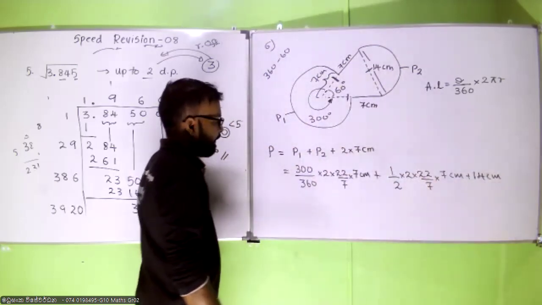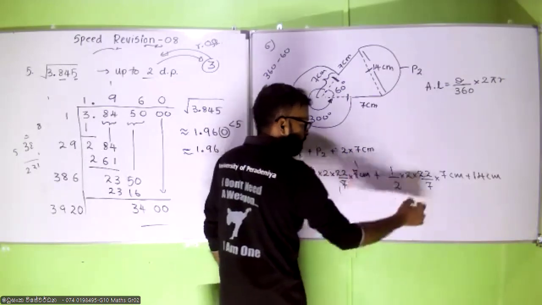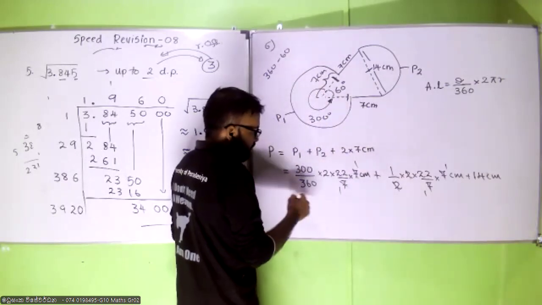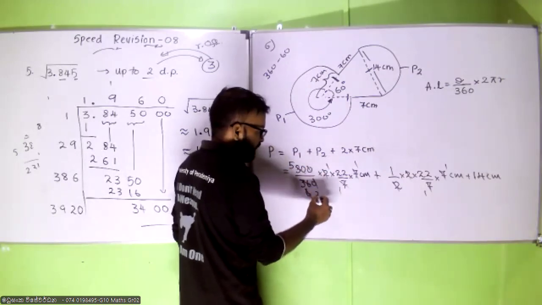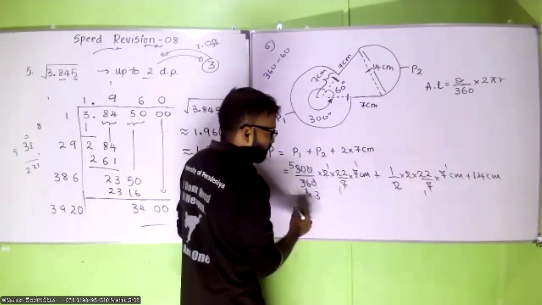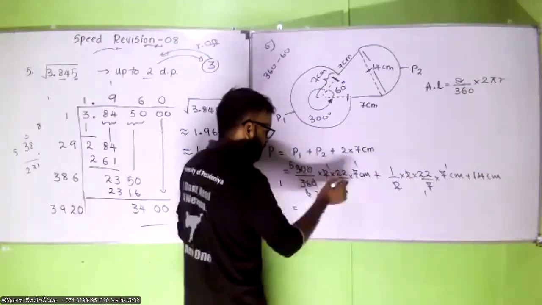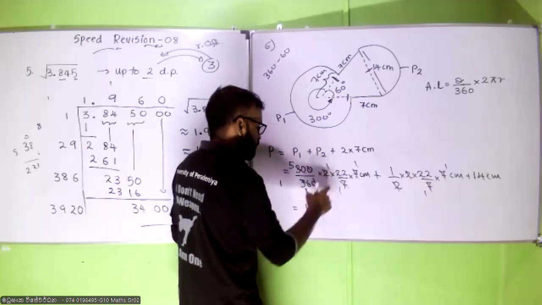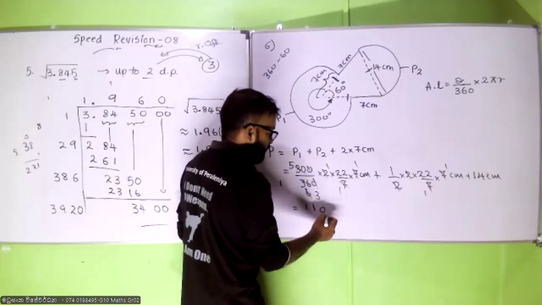Okay, so simply you have to simplify. 7 cancels with 7, 6 cancels with 360 leaving 5 times 22. 5 times 22 is 110. So 110 divided by 3.